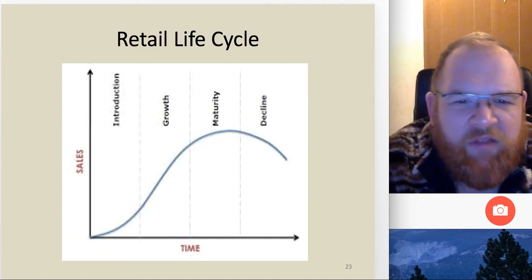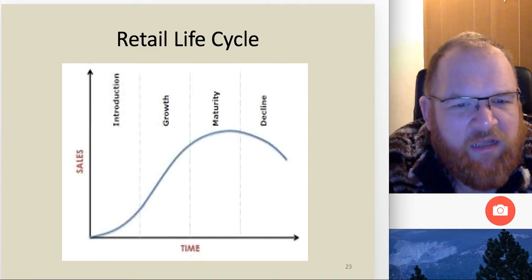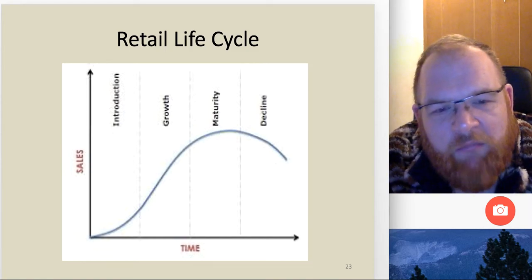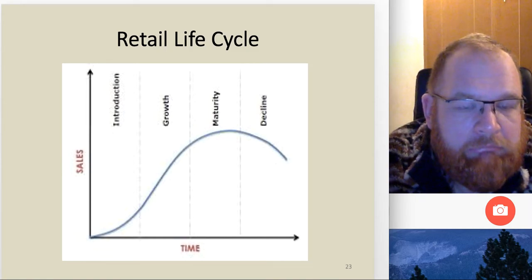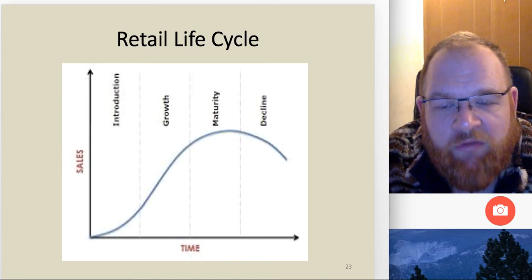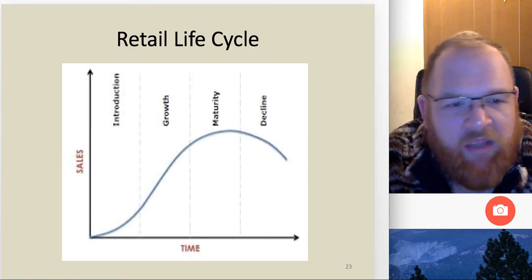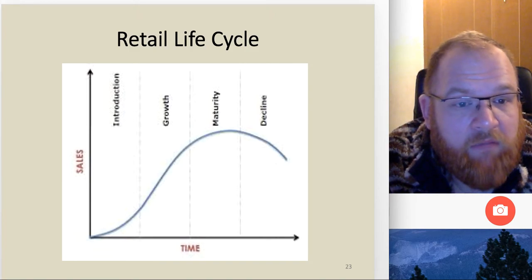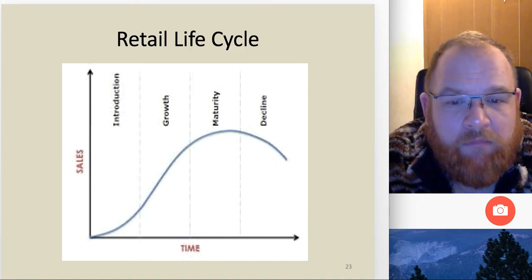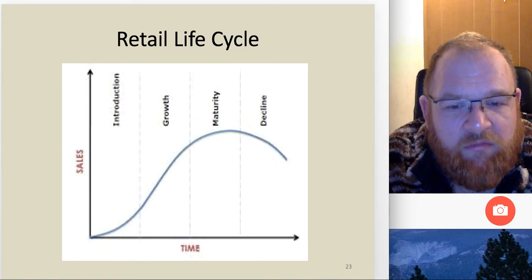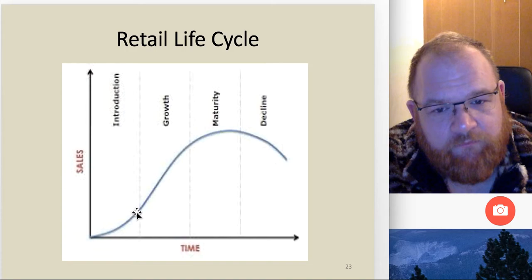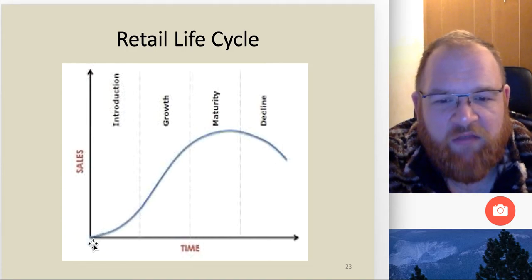Think about the retail life cycle. I'm sorry this isn't quite as high resolution as it could be. It's fundamentally the same as the product life cycle. If you think of a retail company as a service product in itself, in this case there is introduction into the marketplace down here, and that can take time to pick up.